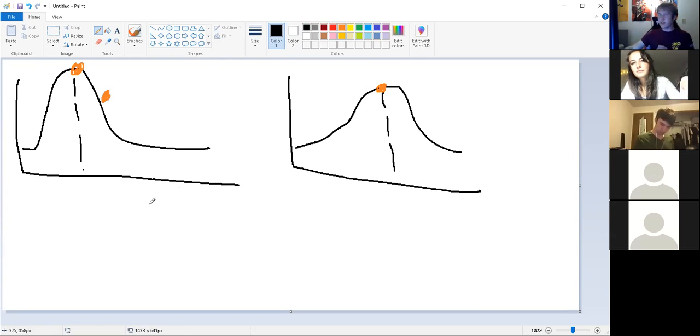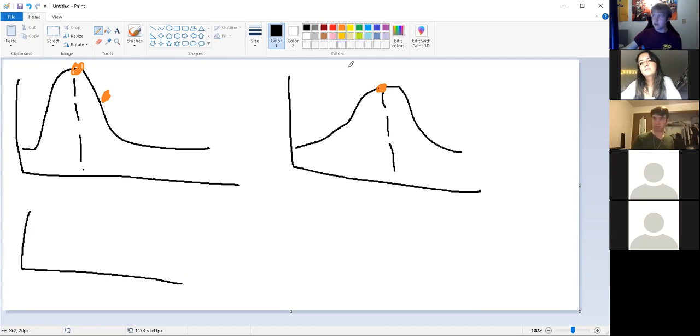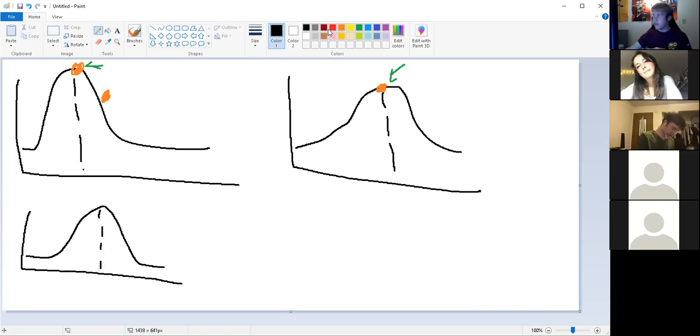And then they talked about the distribution of means. So if you took the mean of this study, which would be this point here, and the mean of this study, and the mean of all the studies that you do, and put them in a graph, it would be a normal distribution with the mean being the mean of the entire population.